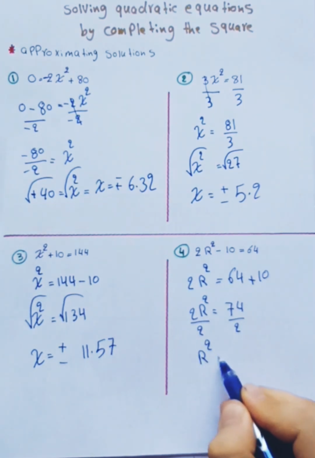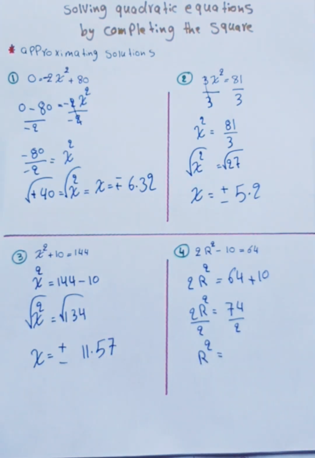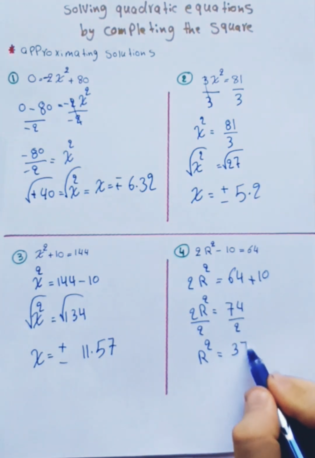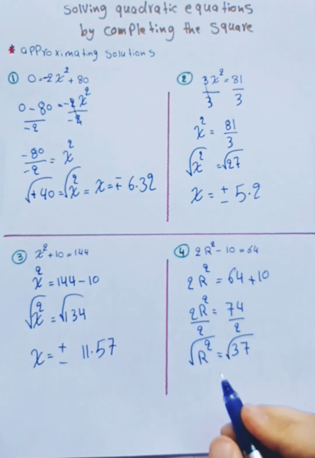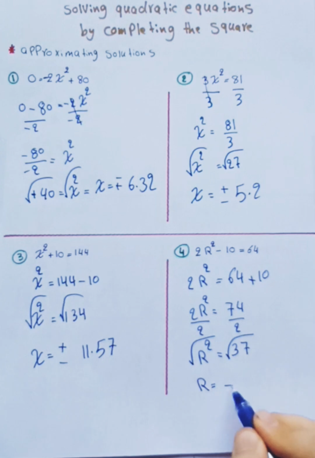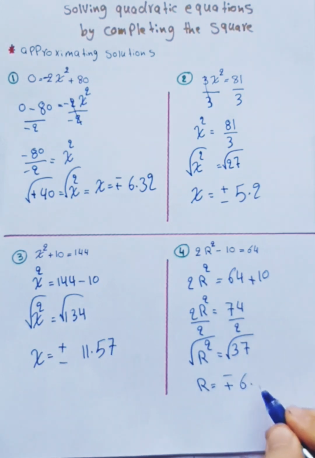So r squared equals 74 divided by 2, which equals 37. After that, take the square root of both sides. r equals positive or negative the square root of 37. When we use the calculator, it is approximately equal to 6.08. So the value for r is positive or negative 6.08.